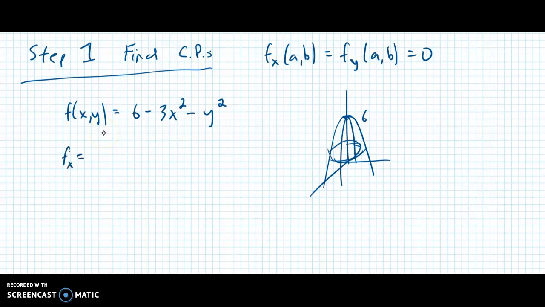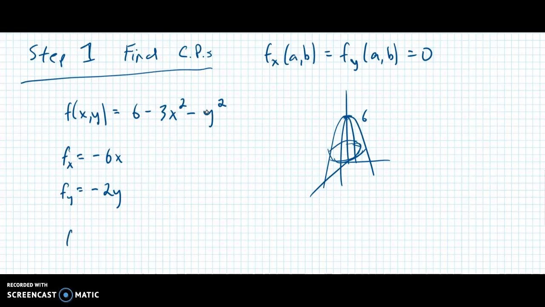When I take the partial with respect to x, the 6 goes away, the 3x squared turns into a negative 6x, and then this y squared, there's no x term there, so it gets treated as a constant, so that goes away. Then I take f sub y, right, and the 6 goes away, negative 3x squared, there's no y, so that goes away because the x gets treated as a constant, and then this gives me minus 2y.